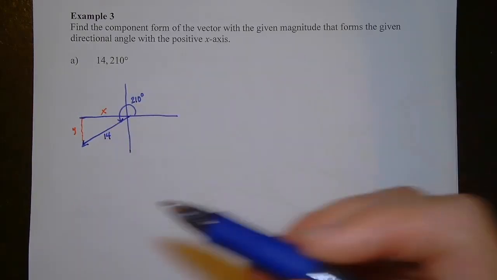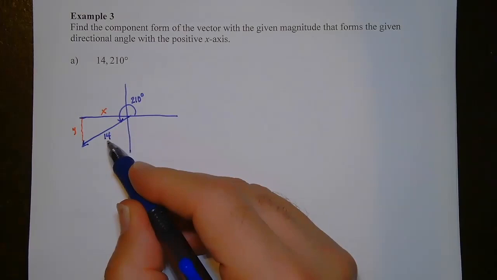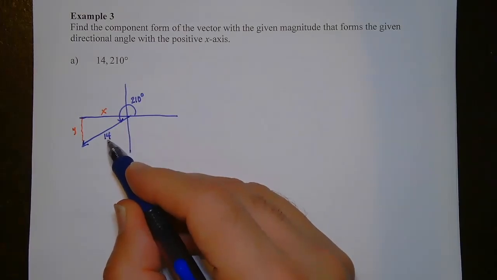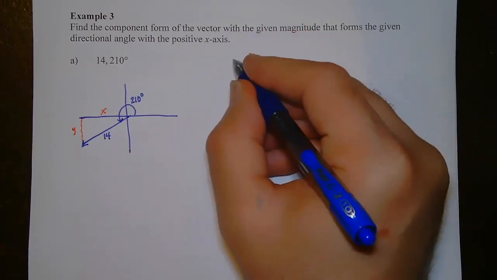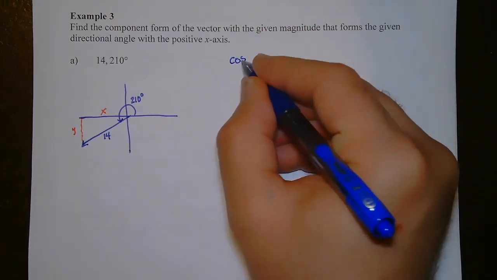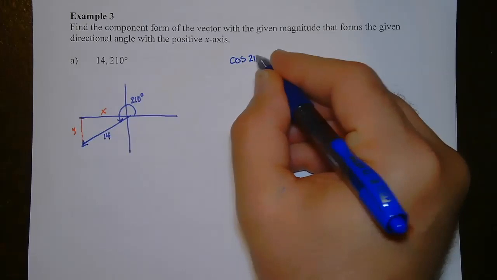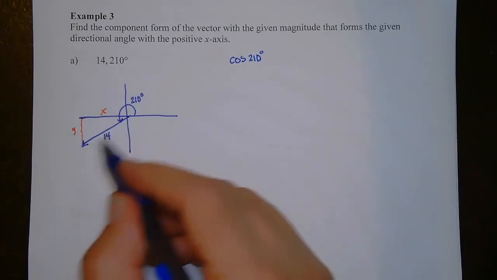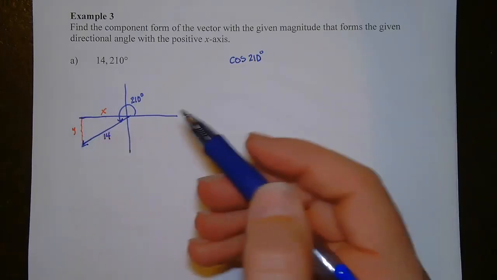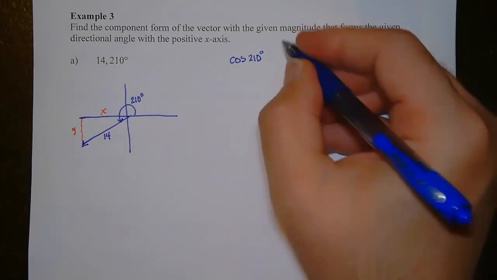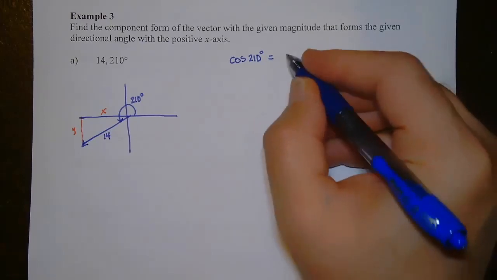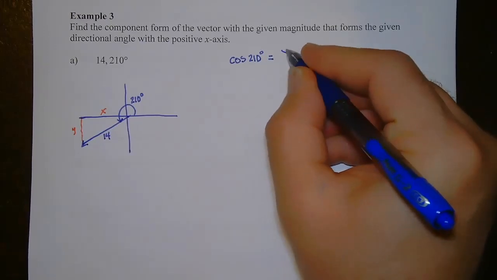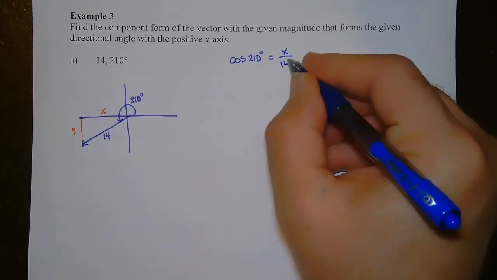You can use the angle and this hypotenuse to come up with the X and the Y coordinate. If you take cosine of 210 degrees, cosine in this quadrant is going to give you a negative value, so we pick up the negative automatically. This is equal to X over 14.